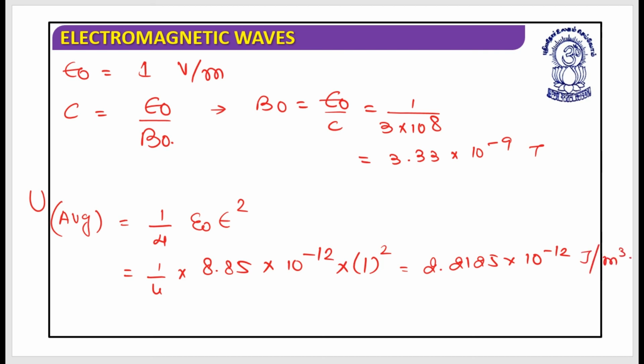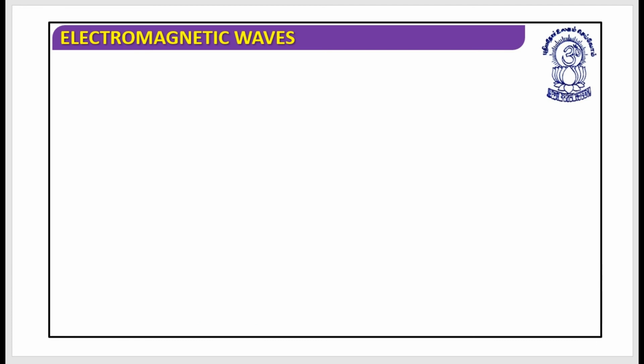This is the average energy density for the electric field component, and it is the same for the magnetic field component as well, 2.2125 into 10 to the power minus 12 joule per meter cube, because both the energies are equal. So this is UB and UE.